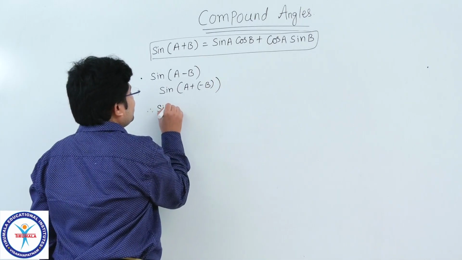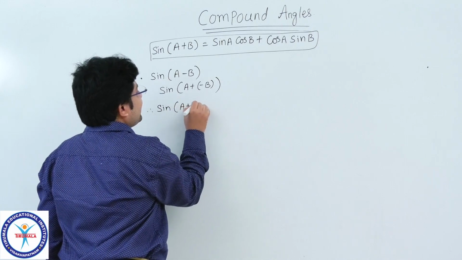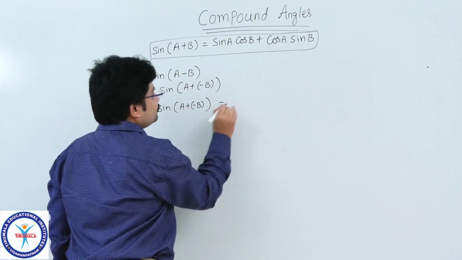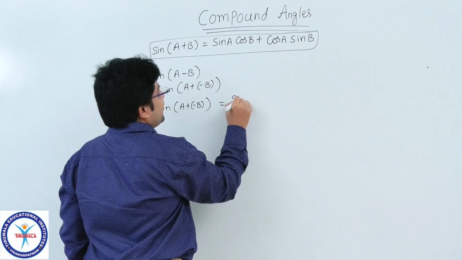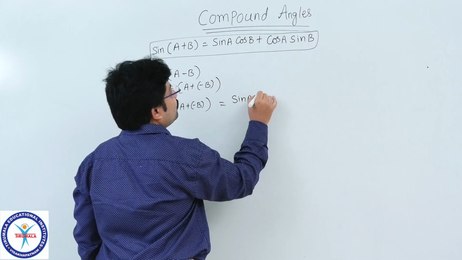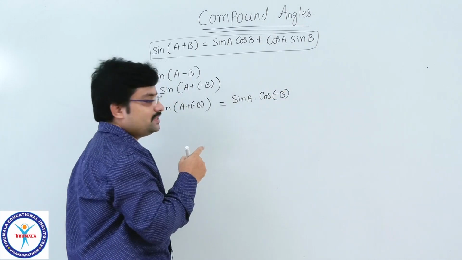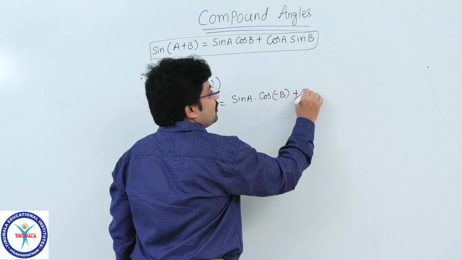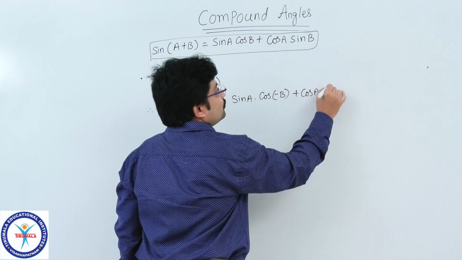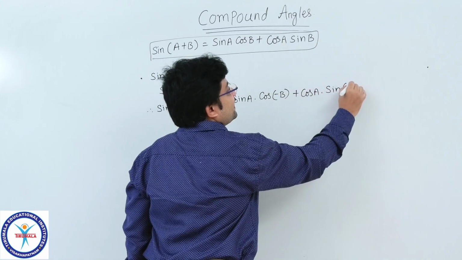Therefore, sin(A plus minus B) is equal to sin A into cos B, in place of B we substitute minus B, plus cos A into sin B, again B minus.